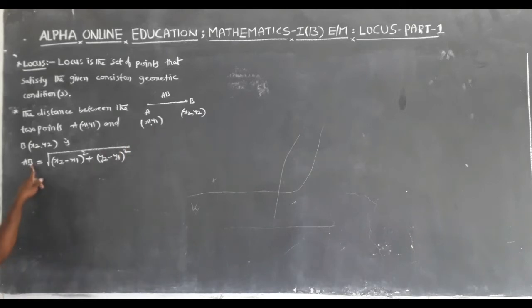AB is equal to the square root of (x2 minus x1) whole square plus (y2 minus y1) whole square. This is the distance between the 2 points formula.